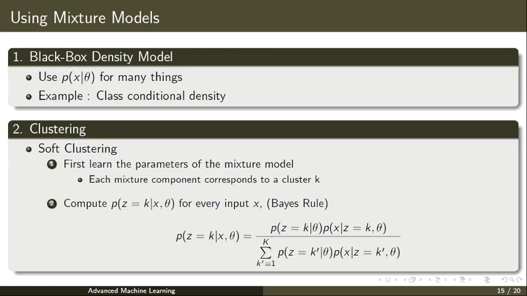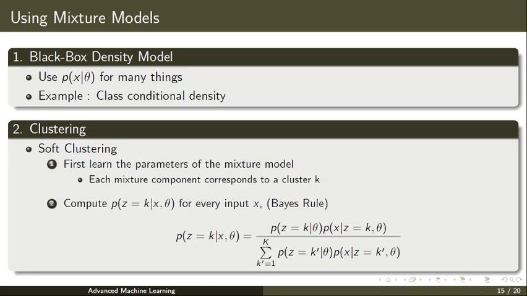Let's say we have a mixture model, then we try to learn the parameters of the mixture model. What are the parameters? We have theta and then z.